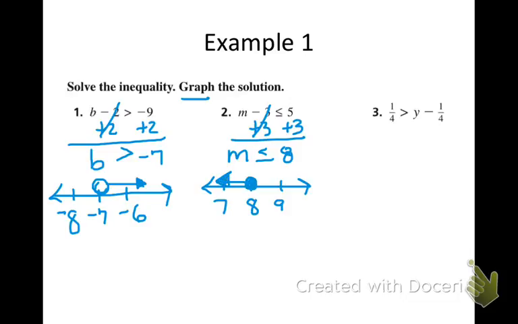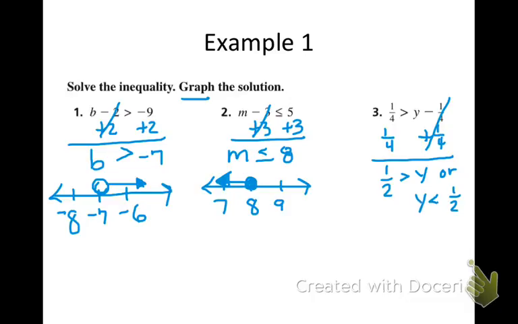I want to undo subtraction by adding a 4th to both sides. 2/4 simplifies down to 1/2. 1/2 will be greater than y. Now remember, you can write this as y is less than half.